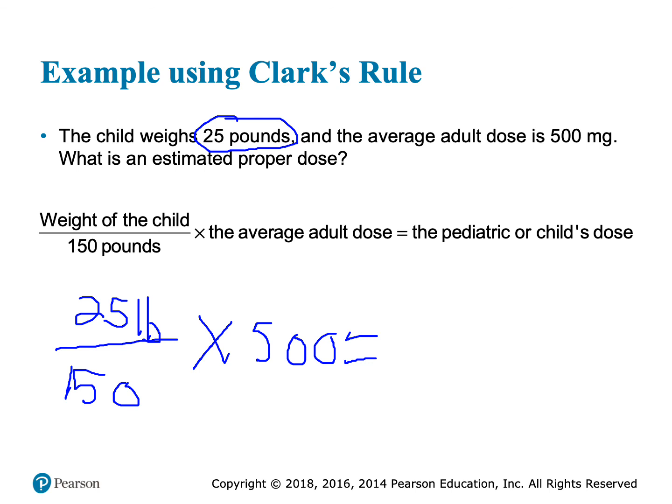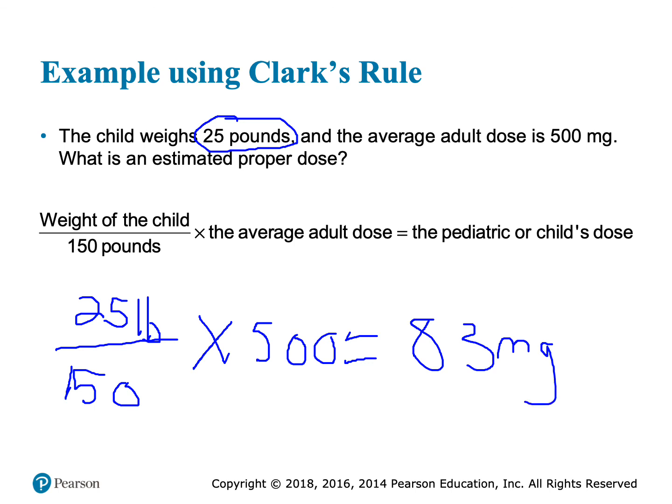And then when we multiply that by 500, we should get approximately 83 milligrams. It actually works out to be 83 and a third repeating. So that's going to give us 83 milligrams is the child dose.